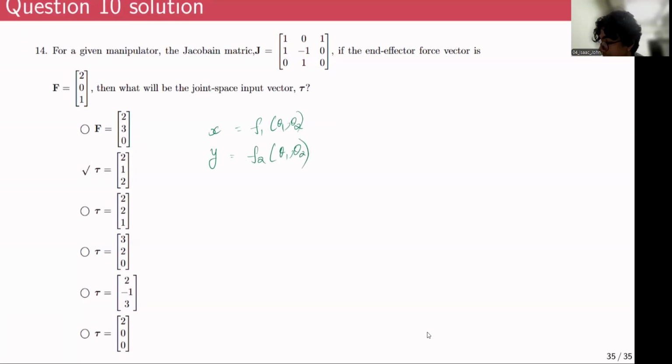If you're given x and y, x dot would be dou f1 by dou theta1 multiplied by dou theta1 by dou t.